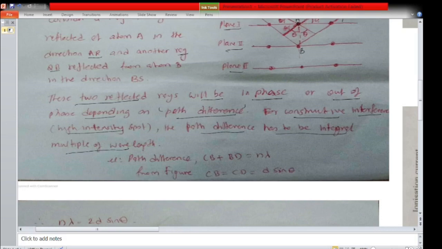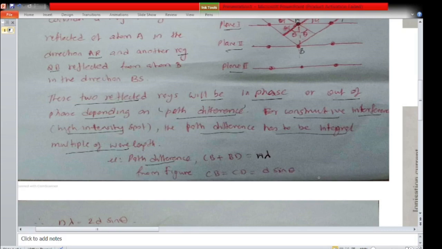That is the condition for constructive interference. So the two X-rays we are considering should have a path difference of n lambda, where n is an integer value multiplied with lambda, the wavelength. Then only will those two X-rays constructively interfere.